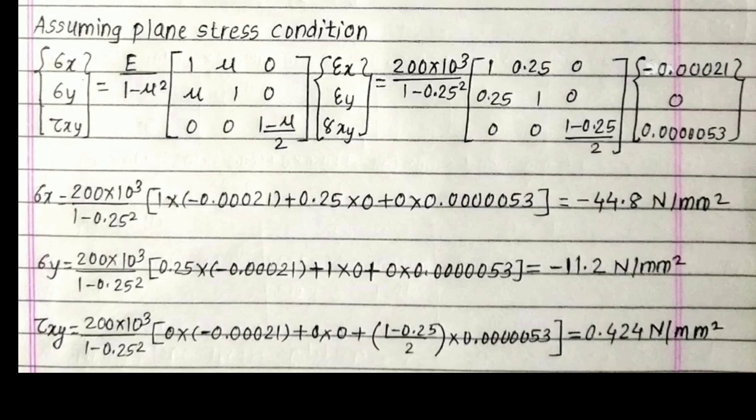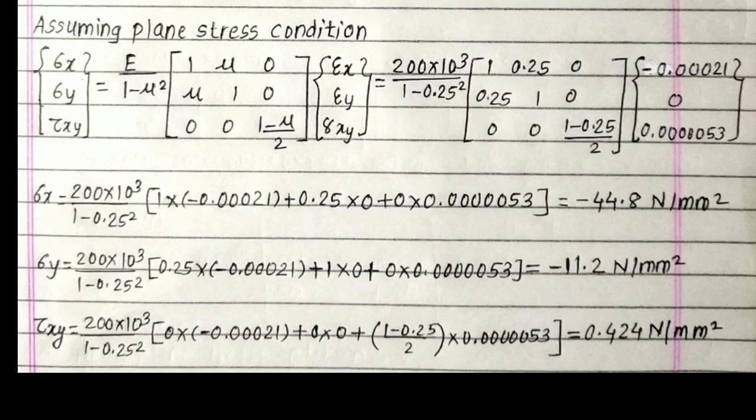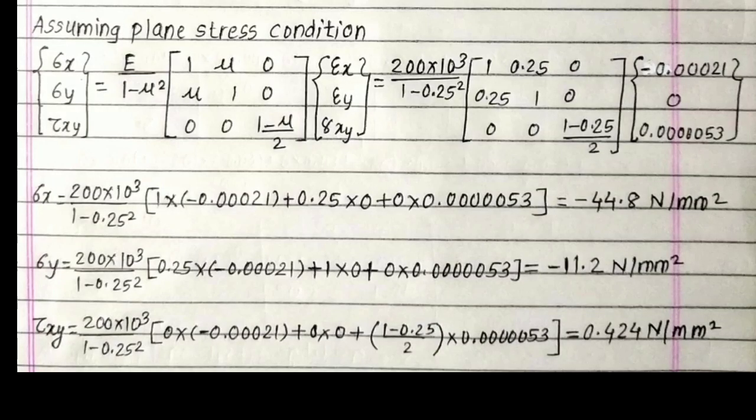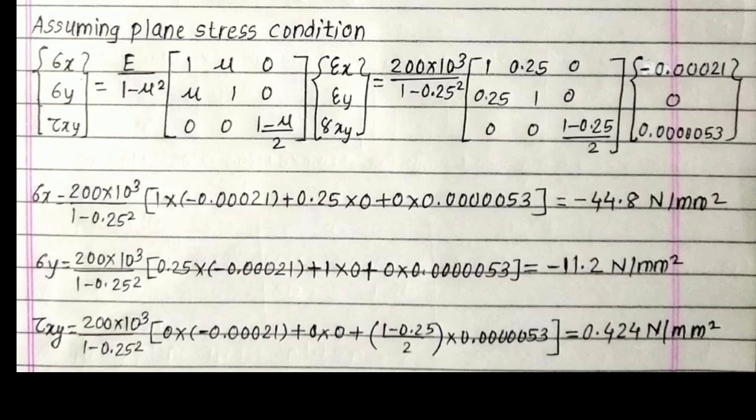Now sigma y is equal to 200 into 10 to the power 3 divided by 1 minus 0.25 square into the second row multiplied by the column, that is 0.25 into minus 0.00021 plus 1 into 0 plus 0 into 0.000053. So I will get its value equal to minus 11.2 Newton per mm square.